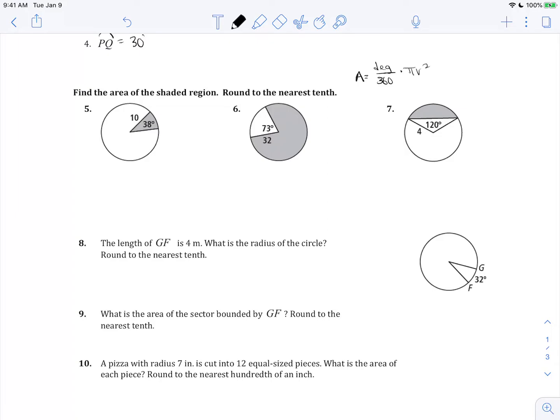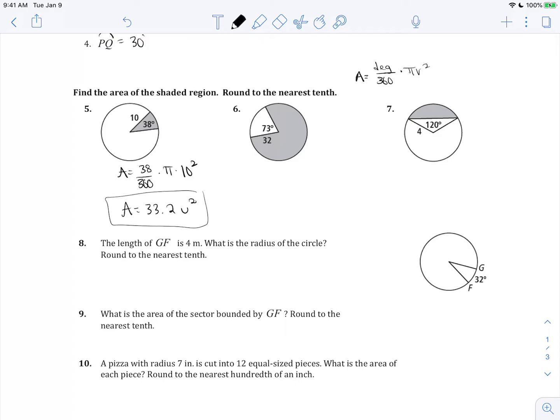So for the shaded region, the degrees is 38, so 38 out of 360 times pi times 10 squared. Now I can plug this whole thing in my calculator exactly like this, right? And if I plug this whole thing in, I get 33.2 units squared.